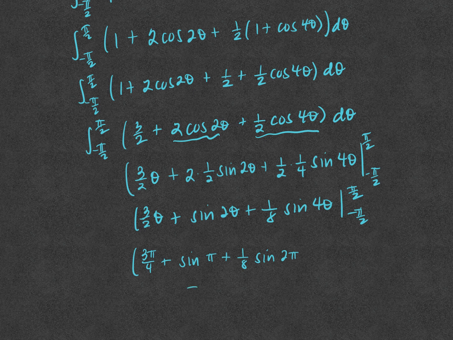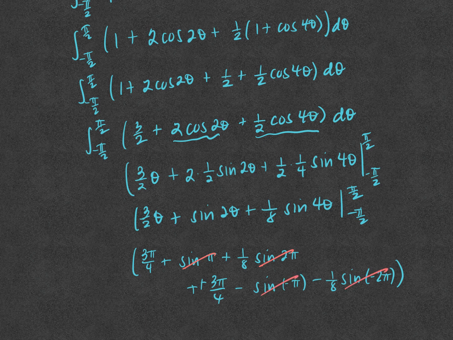And then we have minus 3 over 2 times pi over 2 becomes a negative 3 pi over 4, and 2 negatives make a positive. And then we have minus sine of negative pi. And then we have minus 1/8 sine of negative 2 pi. Well, sine of any multiple of pi is 0. So this is 0, this is 0, this is 0, and this is 0.